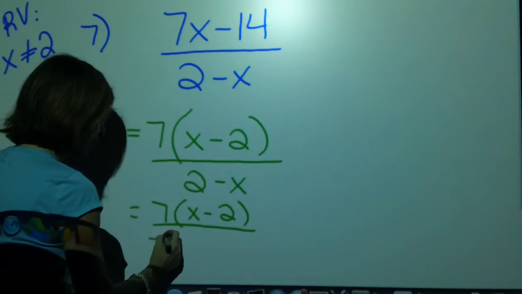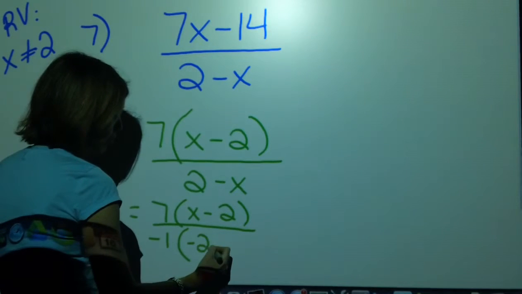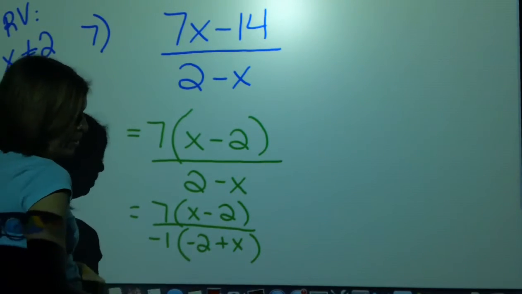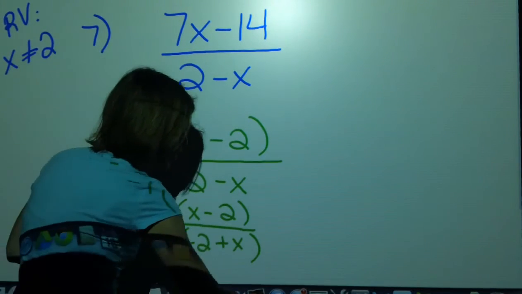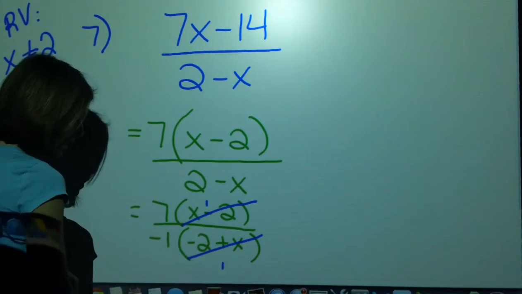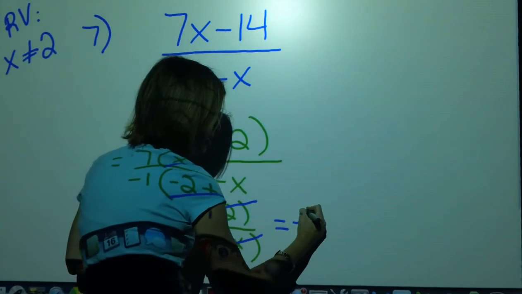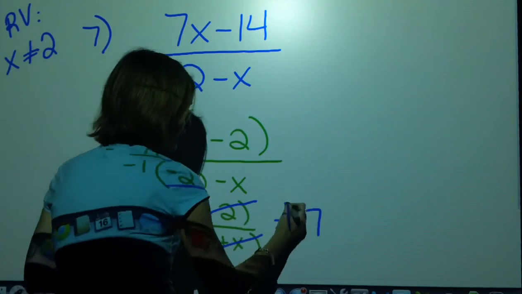I'm going to take out a negative 1, and then I'd be left with negative 2 plus x, which is the same. And if I wanted to rewrite this, I could. These two now are exactly the same, expression for expression. You can cancel them to the number 1. Okay? And so now I'm just left with 7 all over negative 1, which is negative 7. Okay? All right, and that's my answer.